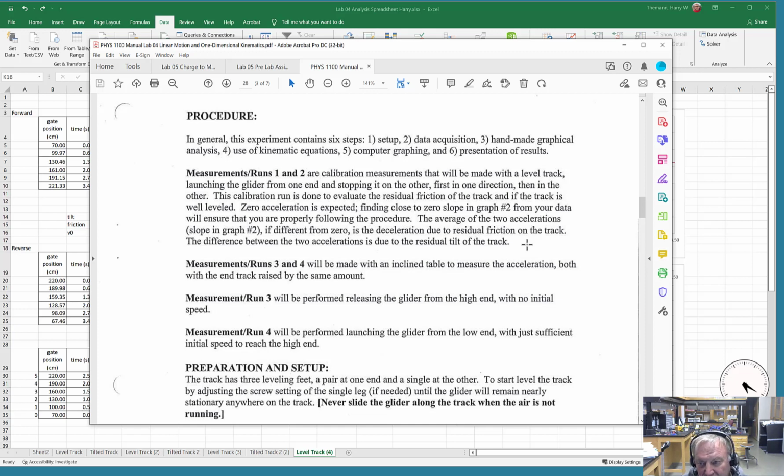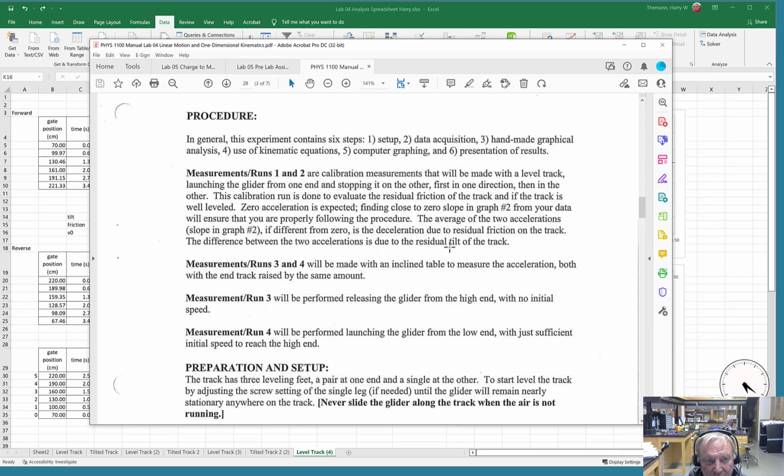it may be mentioned in the video that one of the older ones, but I'll just make sure that I'll state it explicitly. It says here the average is the friction, and the difference is the tilt. That's wrong.